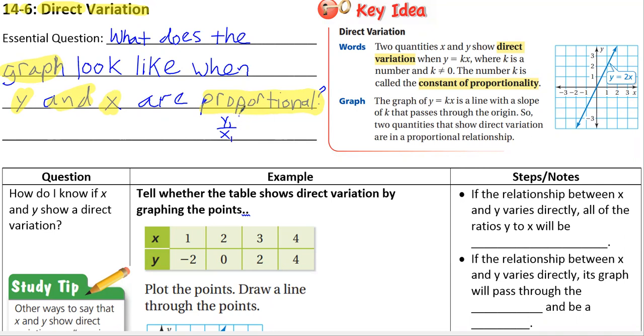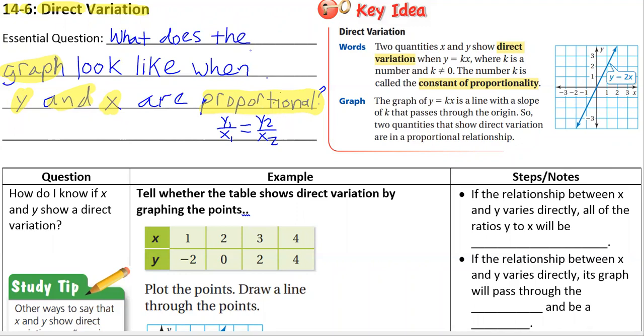If it's proportional, that means that y2 over x2, some other point x2, y2, will be equal. As fractions, y to x, they'll be equal.